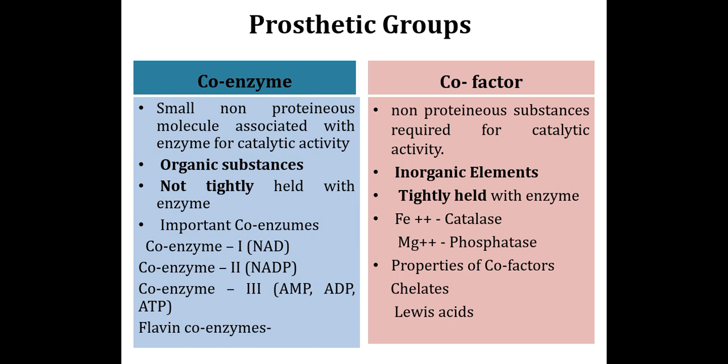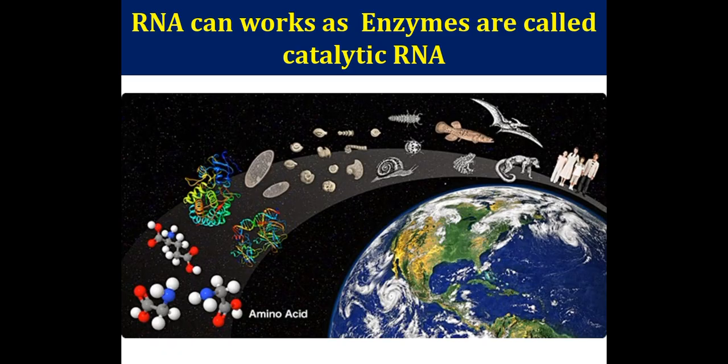For example, Fe++ is required for catalase activity, Mg++ is required for phosphatase. As for the properties of cofactors, they act as chelators, they are required for starting the reactions, and all the cofactors are Lewis acids, having acidic properties.